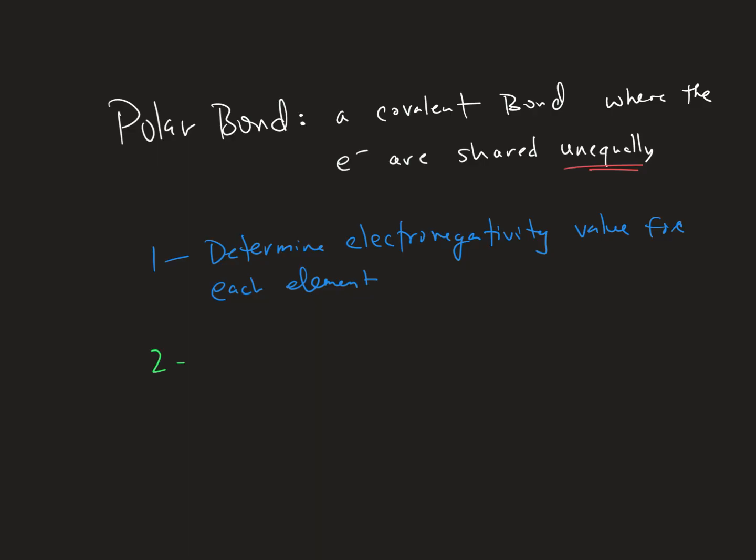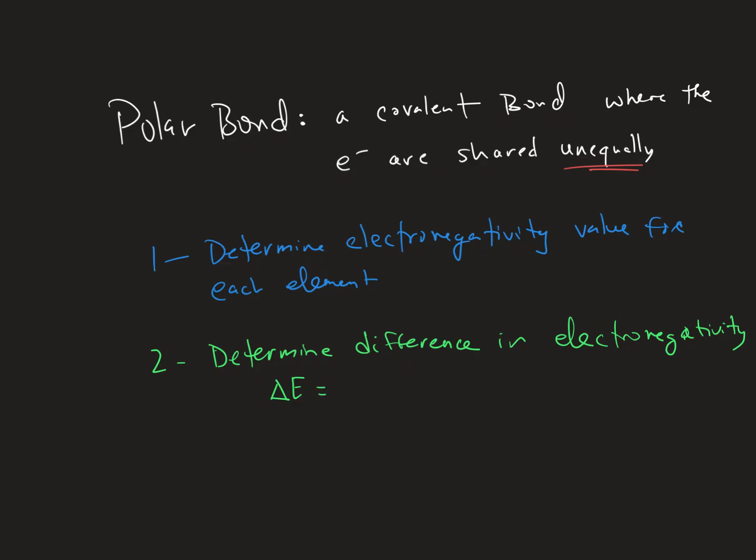Step two, we want to determine the difference in electronegativity. Is that how you spell it? Negativity. So in other words, we'll just say delta E for difference in electronegativity. Did we talk about difference in this class? The triangle symbol? Okay, so that means a change in.